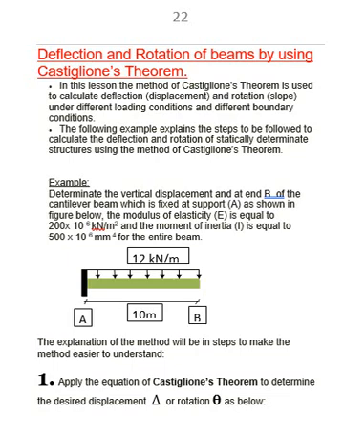The modulus of elasticity E is equal to 200 times 10 to the power 6 kilonewton per square meter, and the moment of inertia I is equal to 500 times 10 to the power 6 millimeter to the power 4 for the entire beam. The explanation of the method will be in steps to make the method easier.